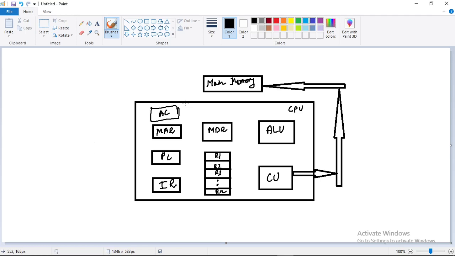In that microprocessor, there were six general purpose registers. They are not named R0, R1, R2, R3. They are named B, C, D, E, H, L.